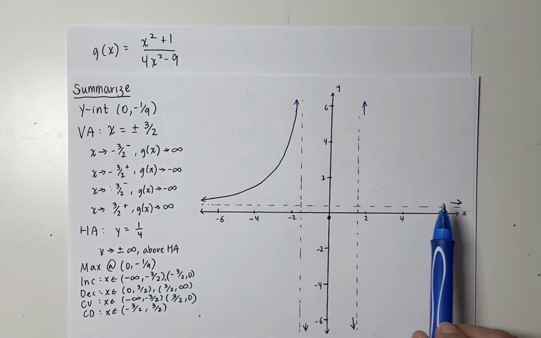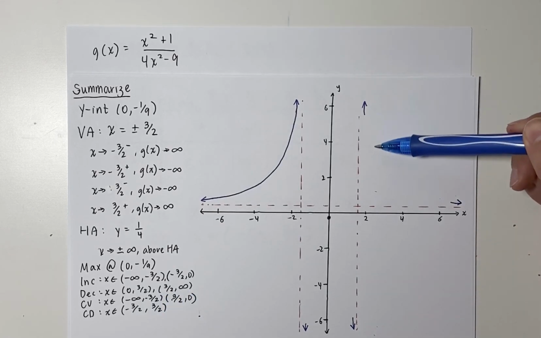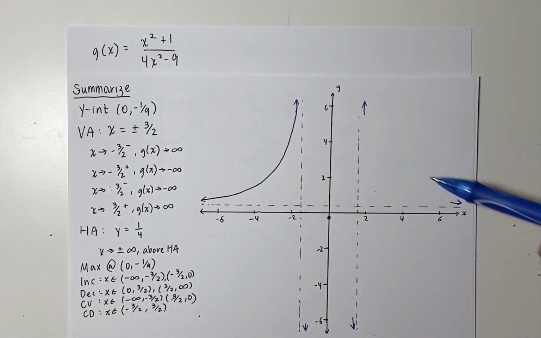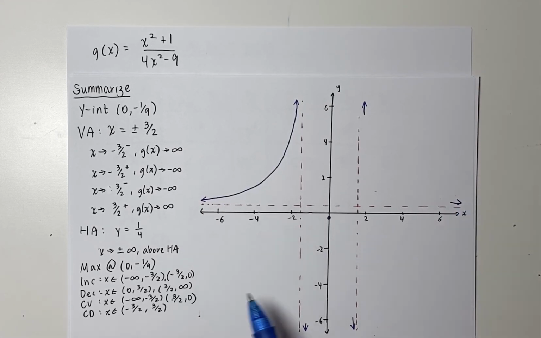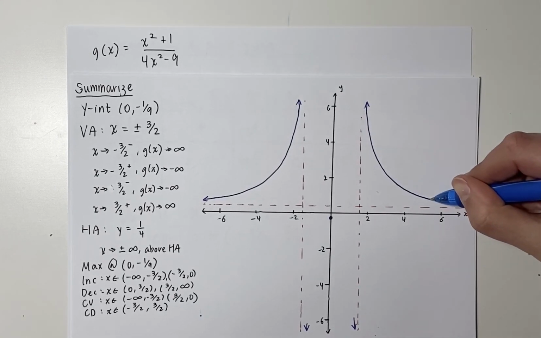Then I'll just look at the other side. It's decreasing from 3/2 to infinity, and you can kind of tell that already from our end behaviors. We just need to determine if it's concave up or concave down. Looking here, it's concave up as well, so we can draw it just like this.